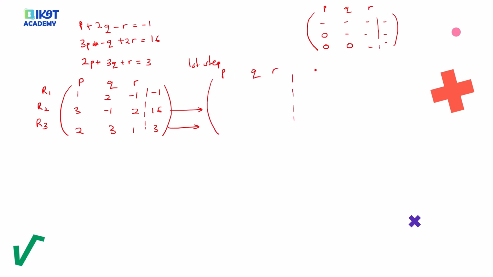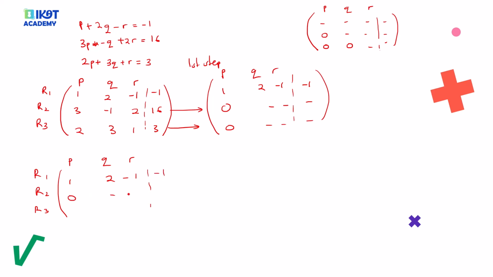In the first step, as I said, this first row will stay the same, 1, 2, -1, -1. And now here we'll have to manipulate something for this to become 0, so we'll also change this to become 0. After that, we pick R1, R2, R3, then we have P, Q, R, 1, 2, -1, -1, 0, this.